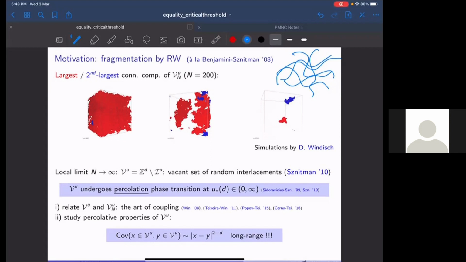I'll come to that soon. So this is a very interesting fact, and there are so many beautiful things that you can say about this. Now, coming back to the vacant set, why is this important? The first thing is this fact.